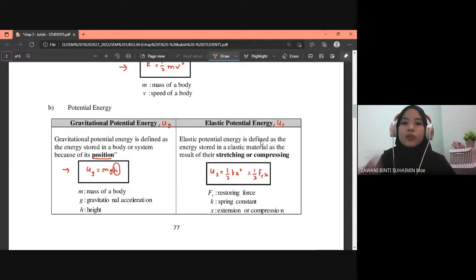Okay, so untuk elastic potential energy sama juga sebenarnya, cumanya nama pun elastic, so kita akan fokus kepada position of an object yang ada connection dengan elastic material. Contohnya spring. Elastic potential energy is defined as the energy stored in an elastic material as a result of their stretching and compression of the spring.